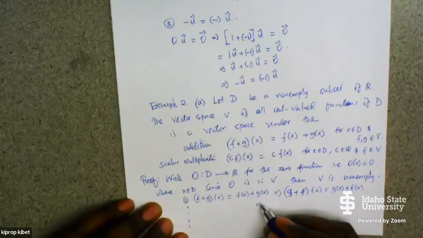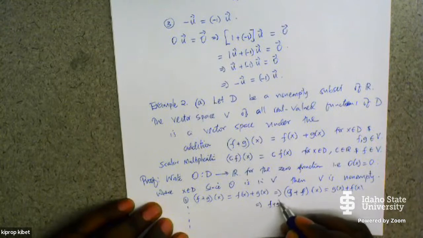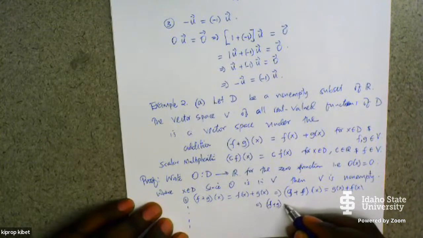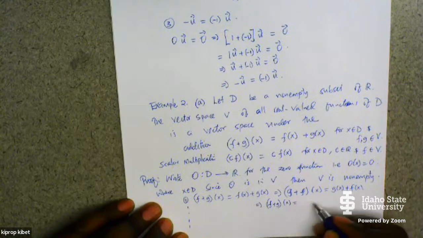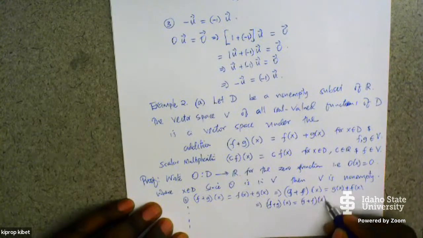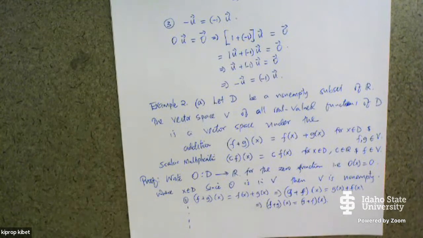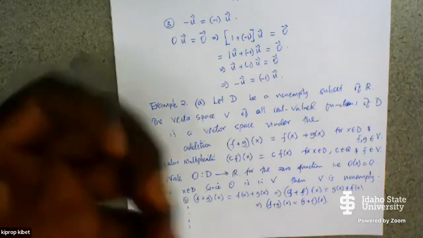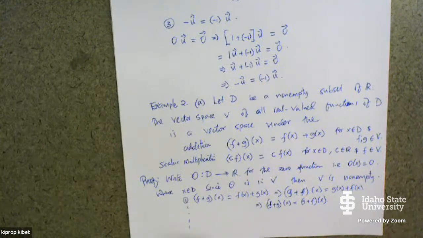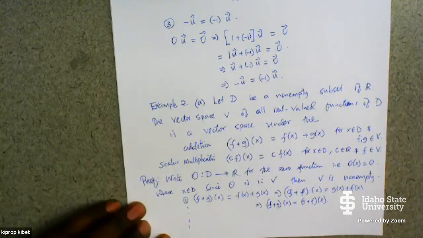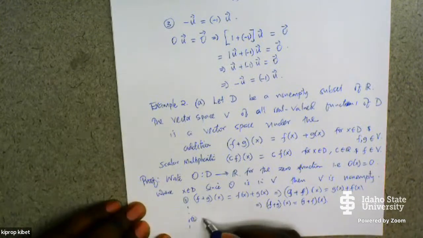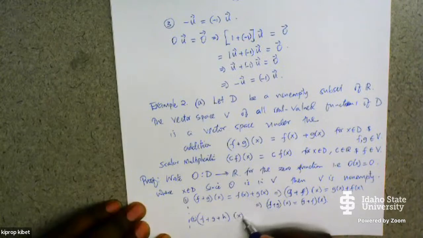Then f plus g of x is actually similar to g plus f of what? x. So it shows that it commutes. The second one is associativity, whereby you can introduce another one, f plus g plus h, all these of x.